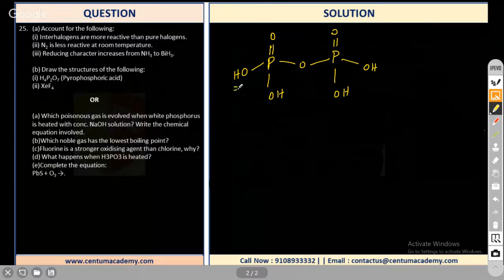So basicity is 4, correct? 4 OH are there, so basicity is 4. Structure is this: pyrophosphoric acid. Just go through all the structures. There is only one compound here, but there are more phosphoric acid molecules. In the case of boron, this kind of compound also forms. That also you go through. They can ask you anything, any possible structure.